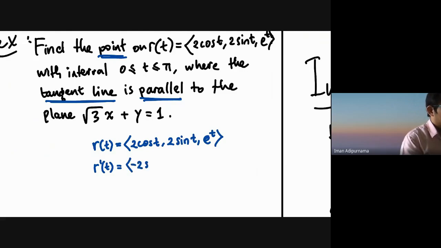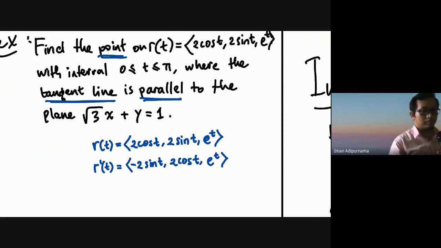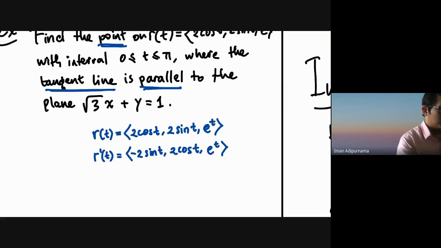This will be negative 2 sine t, 2 cos t, and the same e to the power of t. And let me give some notes here.